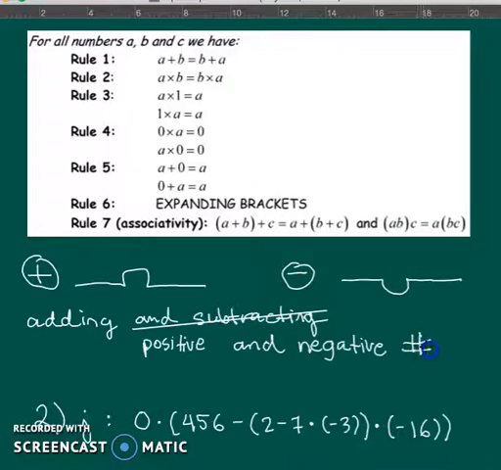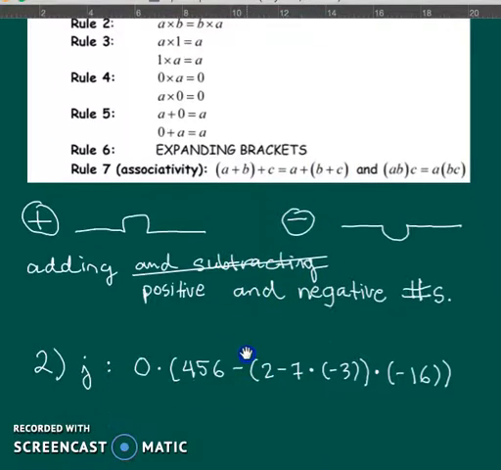So let's start with one of the questions on the homework assignment.